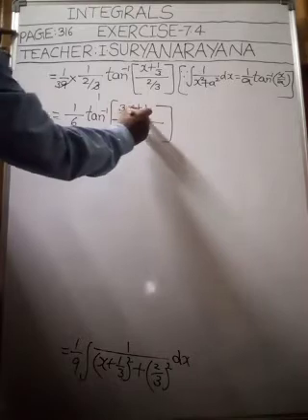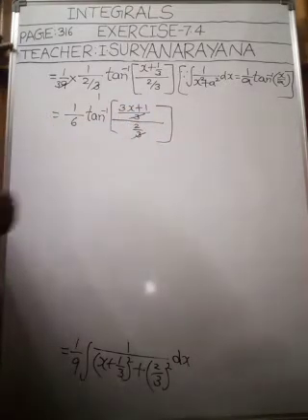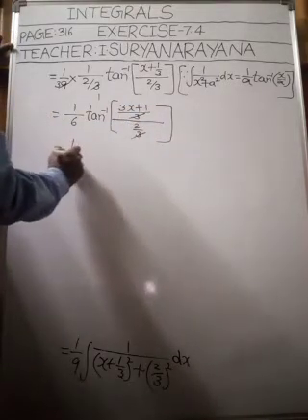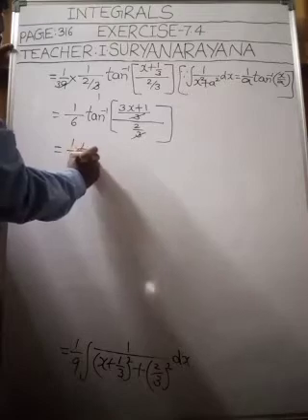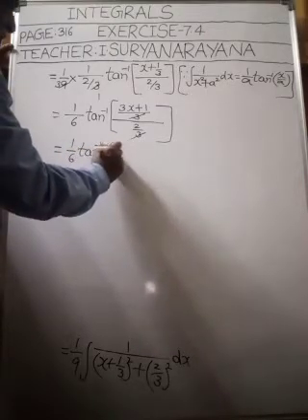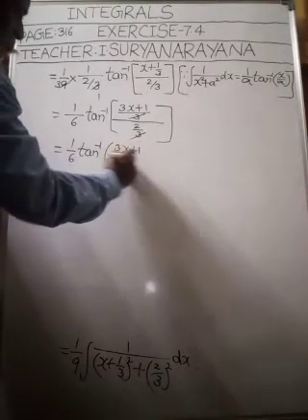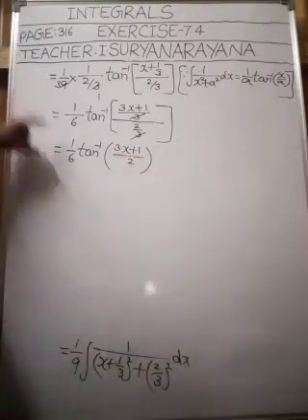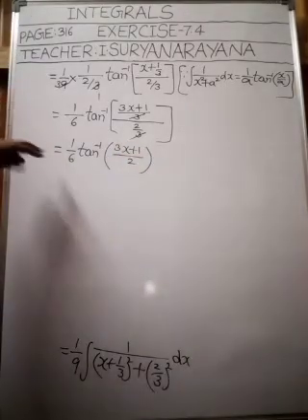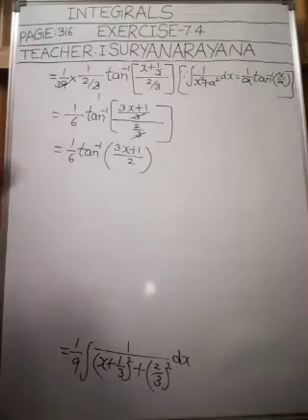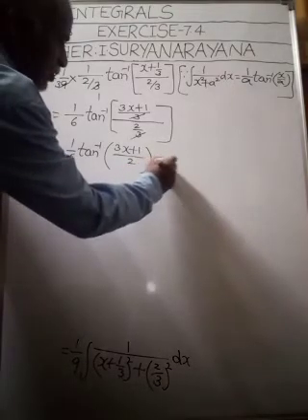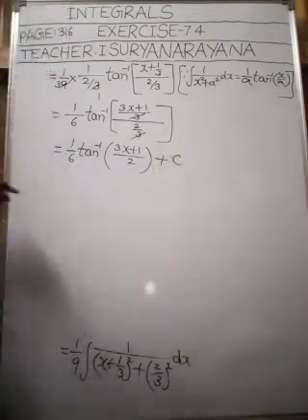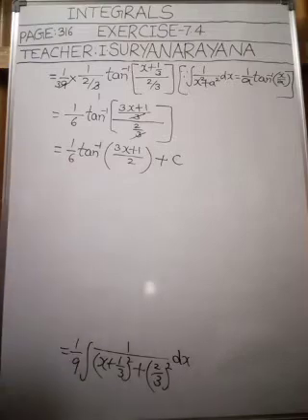Right. Now 3 3 gets cancelled in the denominators. Finally what will you get? 1 by 6 tan inverse of (3x plus 1) by 2. This is the integral of the given function. This is the last step. So at last step, what should we do? We have to add constant of integration. Okay, my children? Understood? Right.